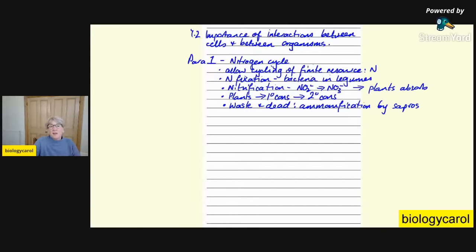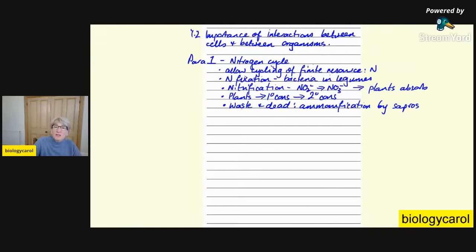Then I would say that other bacteria nitrify the ammonia from nitrogen fixation into nitrates and then nitrites, and that the interaction of the bacteria allows the production of nitrates, which plants can then absorb. Plants are then eaten by primary consumers, and secondary consumers eat the primary consumers. The nitrogen is passed up the food chain. It's how nitrogen moves up the food chain.